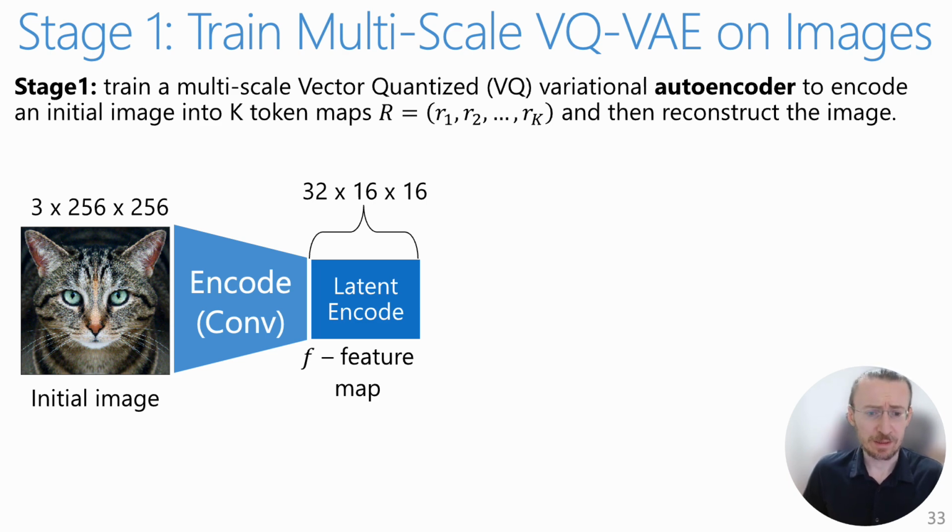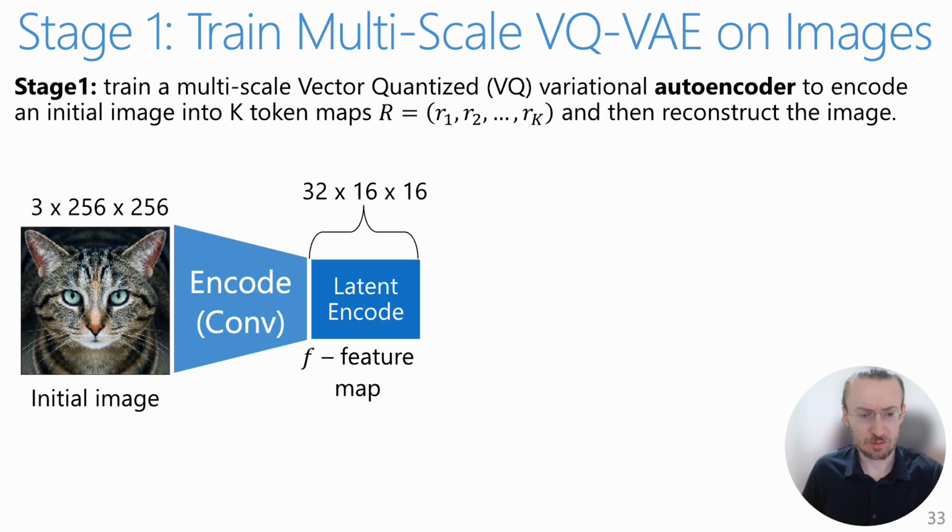Stage 1 is to train this multi-scale vector quantized variational autoencoder to encode an initial image into K token maps. We call them resolutions, which is why this is denoted as R. And we have this upper R, all possible resolutions for the given image from R sub 1 to R sub K. Here we have the initial image on the left-hand side, a cat.